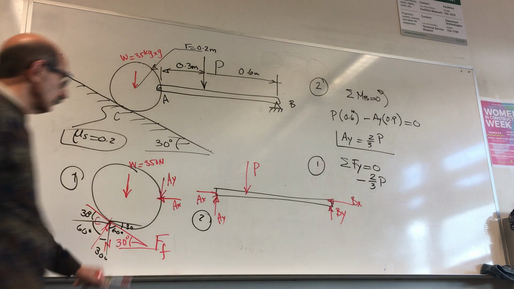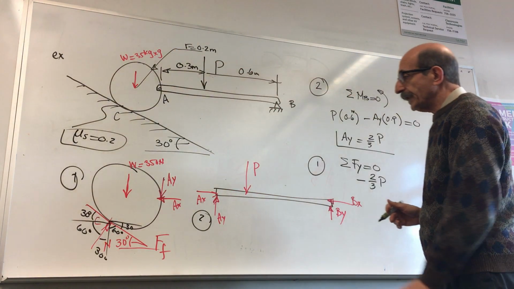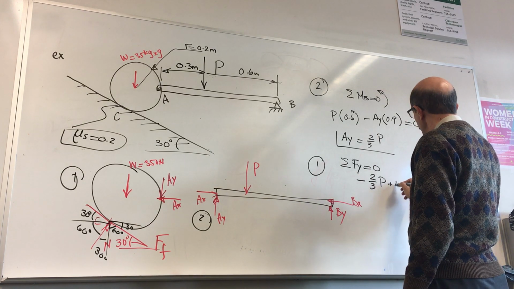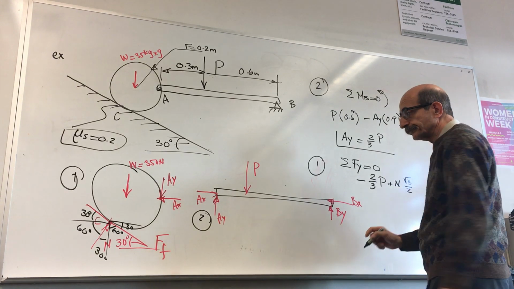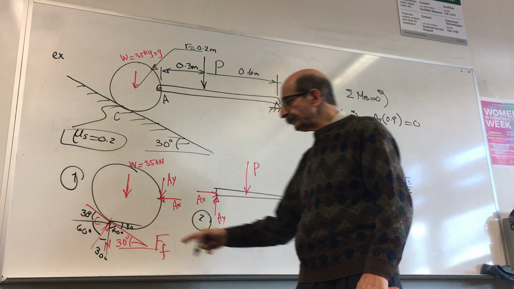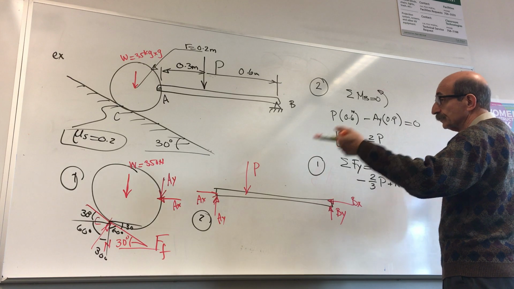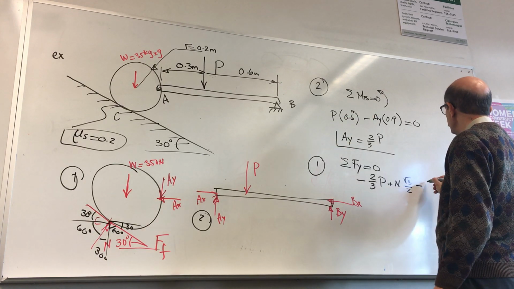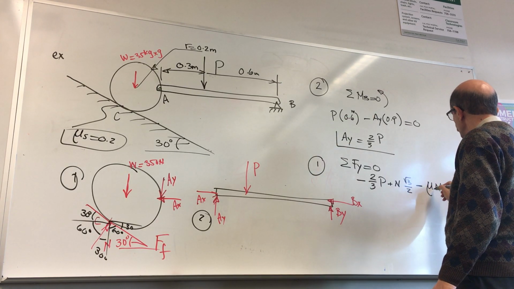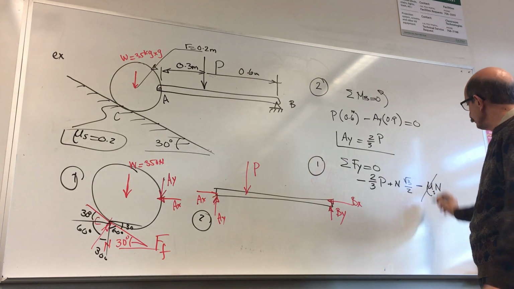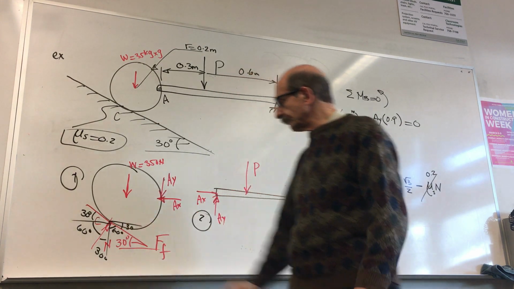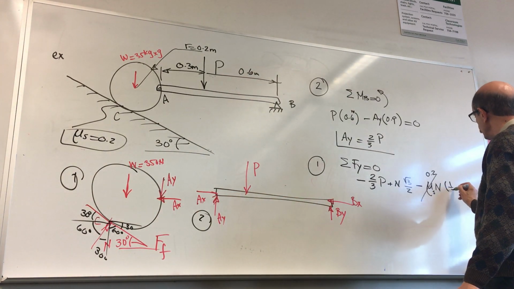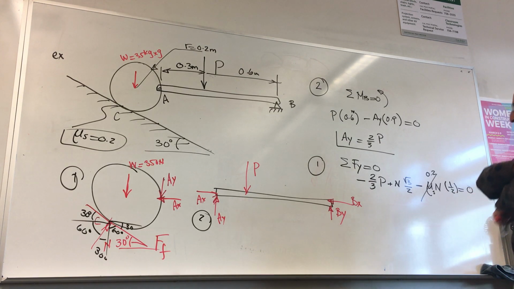So summation of forces along y gives me N cosine of 30, which is square root of 3 over 2, minus F. Since we know this is not going to move, F is mu s times N, and mu s is given as 0.2, times cosine of 60, which is 1/2, equal to 0.